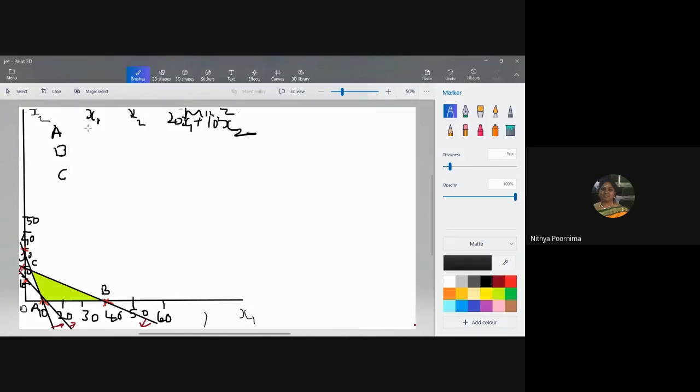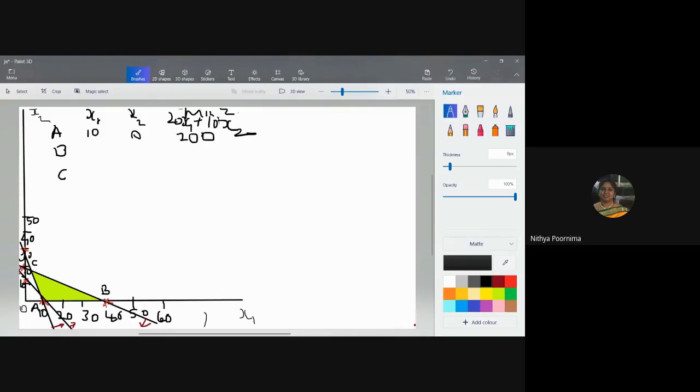What about x2? x2 is 0. If you have plotted the graph, can you tell me the value? x1 10, x2 is 0 for A. What's the answer? 20? Is it 20? 200. 200, sorry.